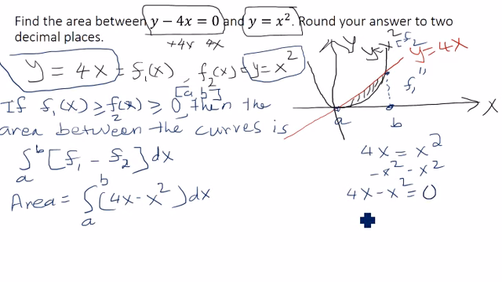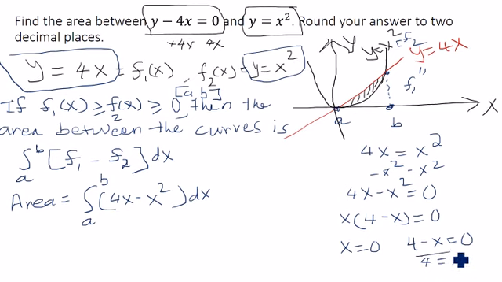Now factoring the common factor out, which is x in this case, we have x times 4 minus x equals 0. Using the zero product principle, we have either x equals 0 or 4 minus x equals 0. From the second equation, if you add x to both sides, then 4 equals x.